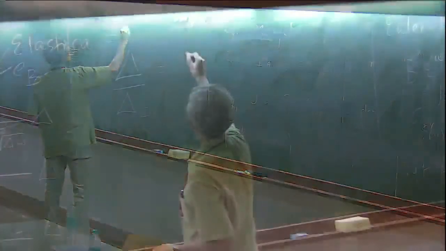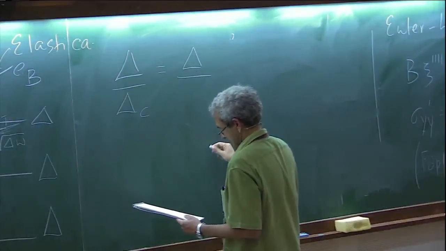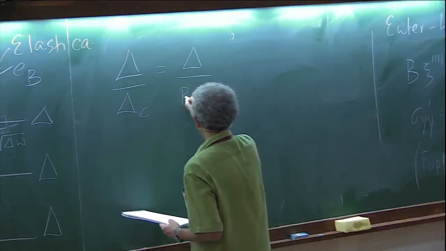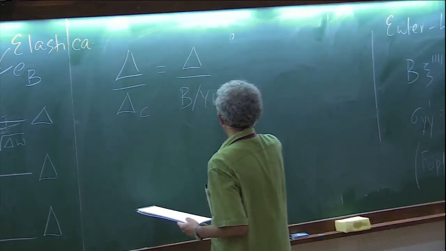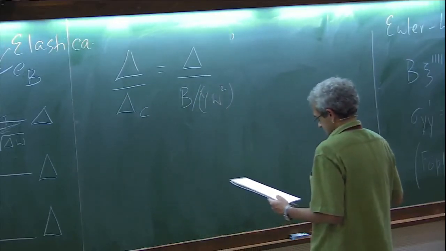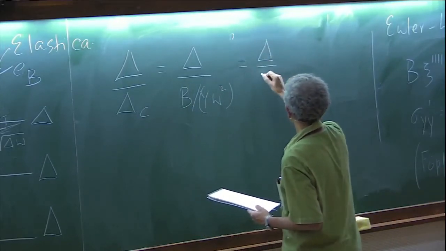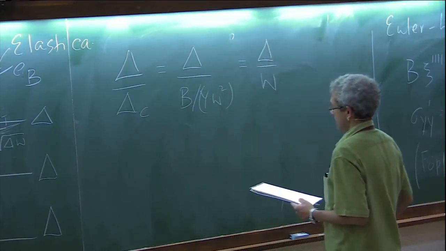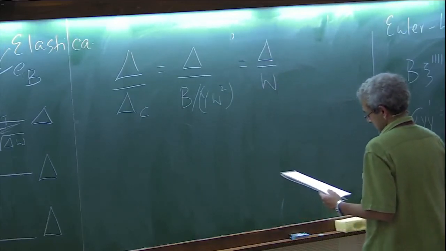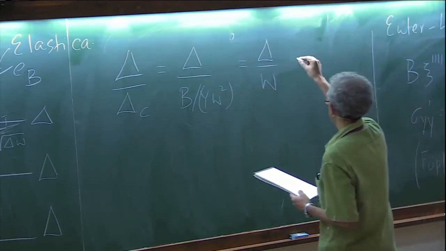So this is delta divided by B over Y W squared. I'm just going to write this as delta over W. And I'm going to add another Y squared there.